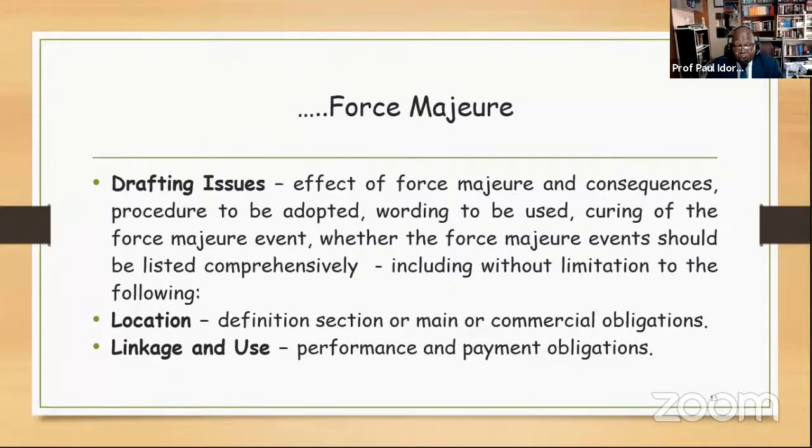Now, there's what we call cure period. So what you should provide for in a contract is that if there is a defect or a default, instead of terminating, you give notice of your intention to terminate. And if the contract is properly drafted, there should be a cure period.